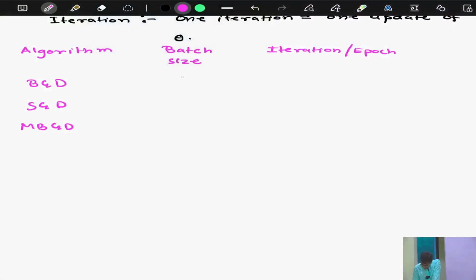Total number of samples, because it only gets updated once you have gone through all the data points. So batch size is equal to n, where n is my number of samples, and how many iterations per epoch? 1, because once you go over all the data set, then you update. So that means iteration and epoch become the same.